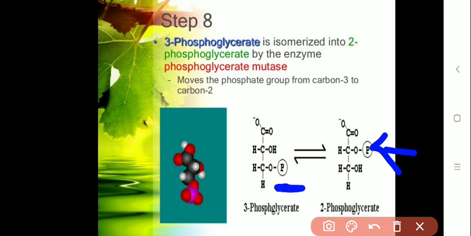When this happens, the isomerization process is carried out with the help of the phosphoglycerate mutase enzyme, and this leads to the formation of 2 phosphoglycerate from 3 phosphoglycerate in the 8th step of glycolysis.